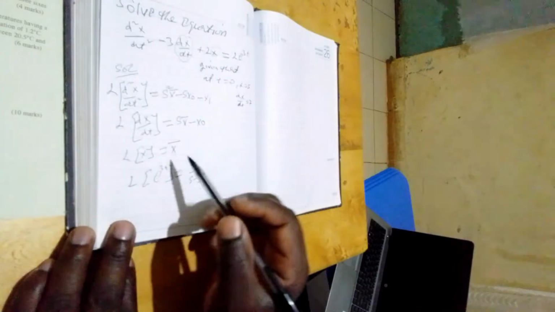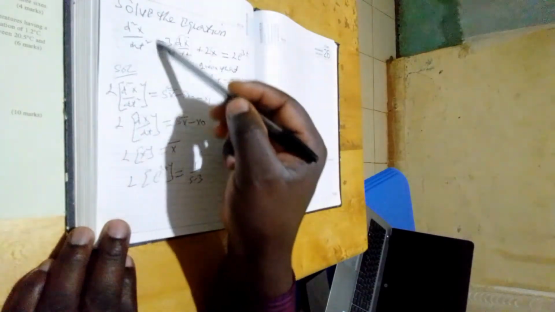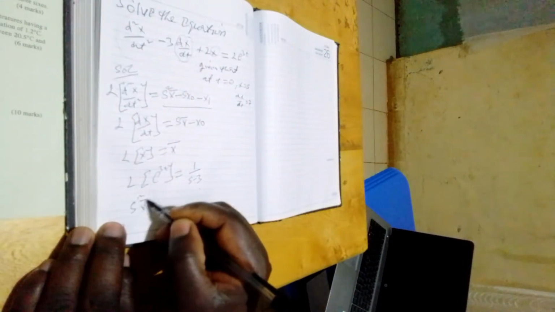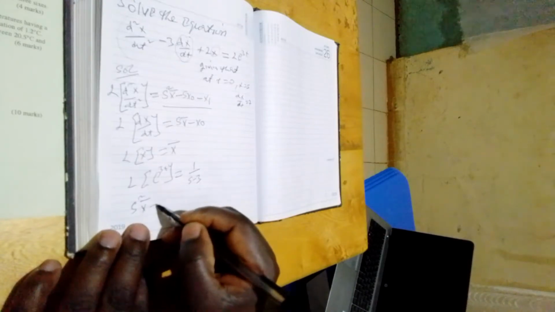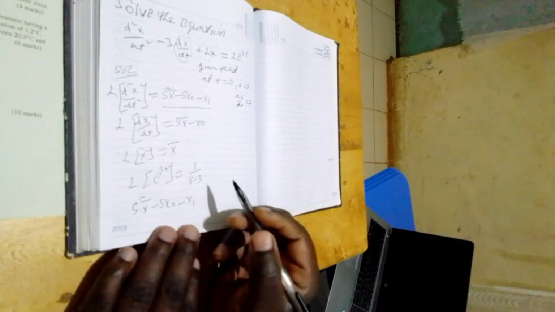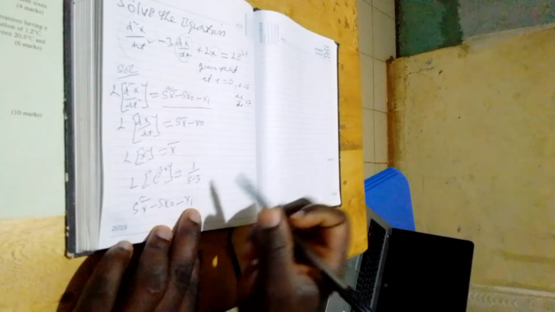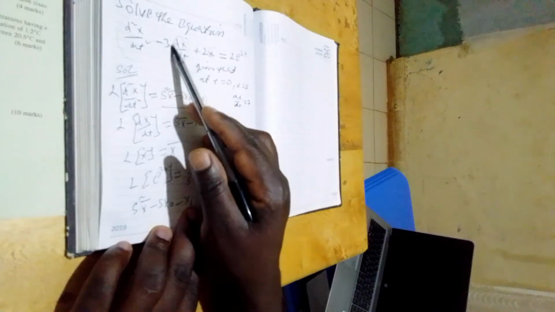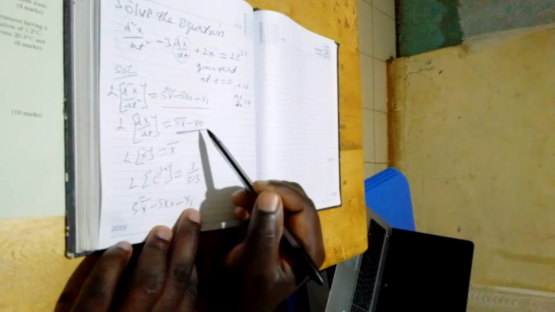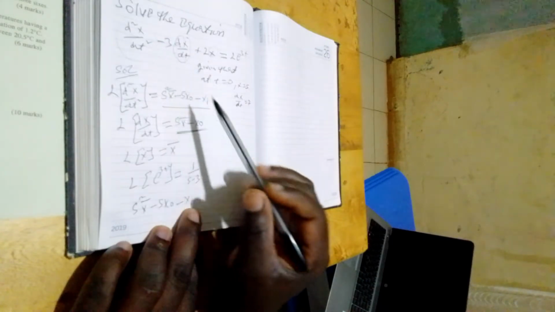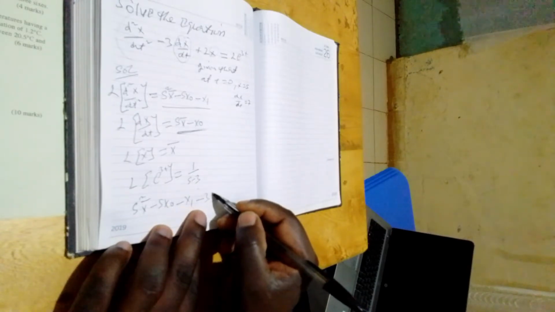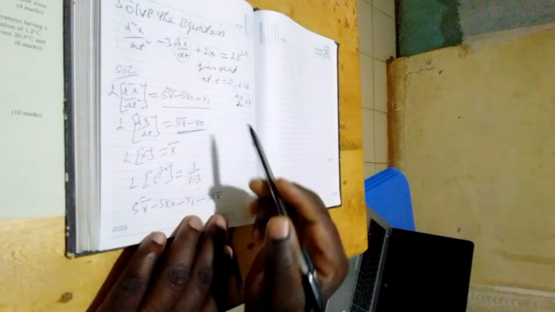Now when we substitute in the equation, this first term is s² x bar minus s x naught minus x1. Now we multiply through by -3, so we have minus 3s x bar.